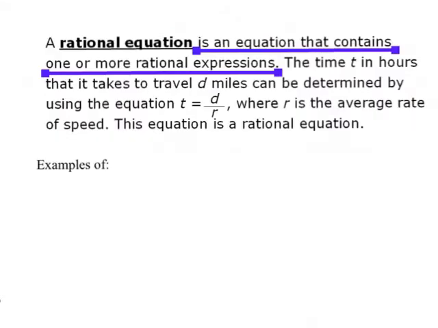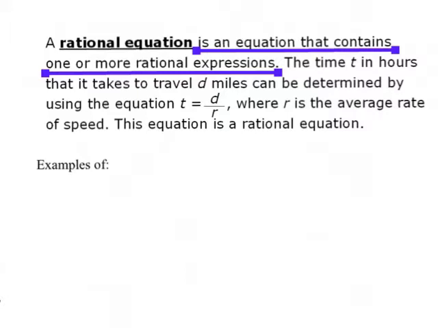Let's begin here today by writing down our first vocab word, a rational equation. A rational equation is an equation that contains one or more rational expressions. Now, let's give you an example.